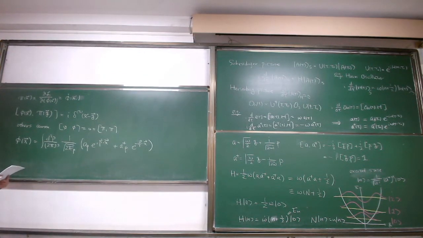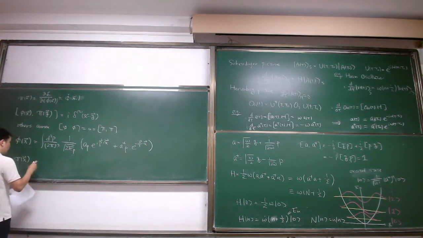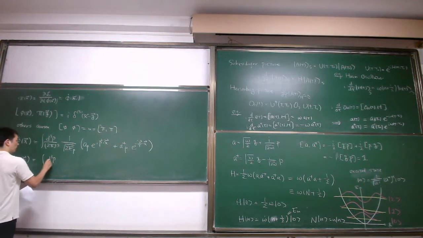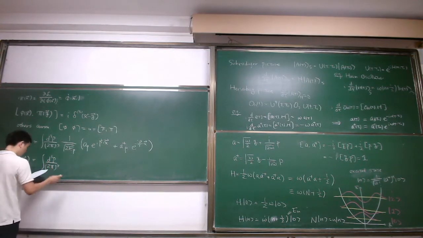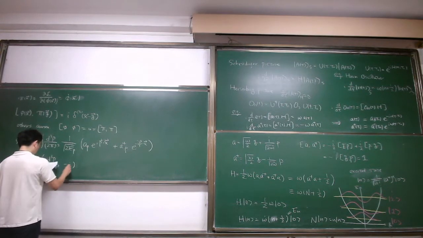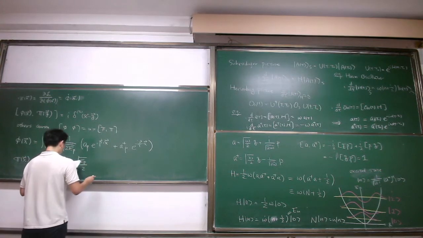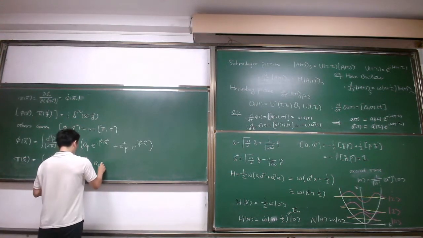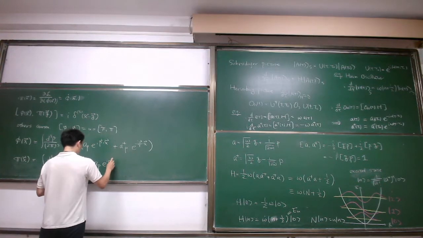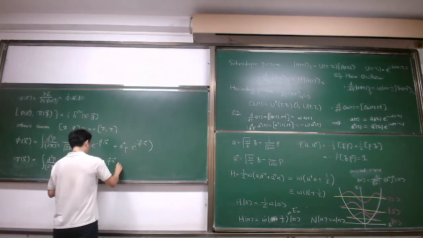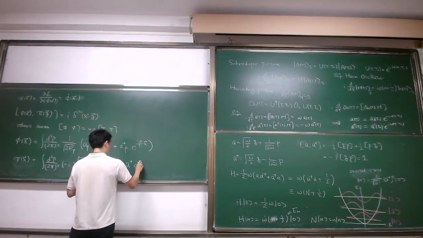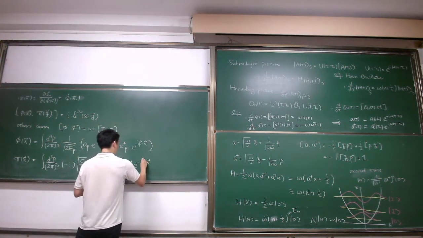You should take a look at the notation of Peskin and Schroeder. And pi of x is just the time derivative of this. So this is equal to the integral d^3p over (2 pi)^3, minus i, square root of omega_p over 2, times a_p e to the i p dot x, minus a dagger e to the minus i p dot x.